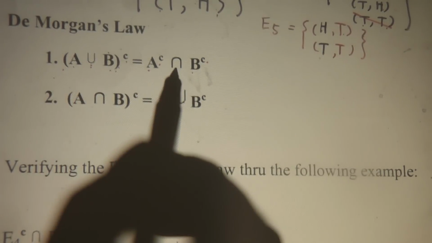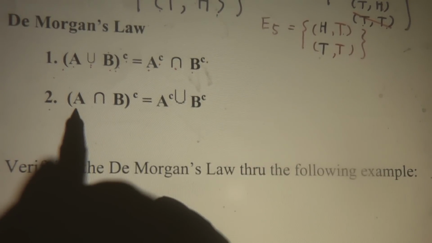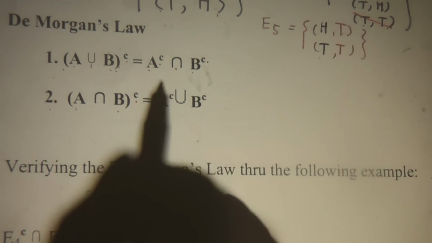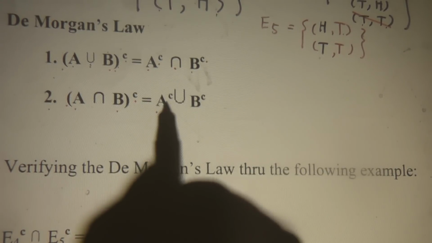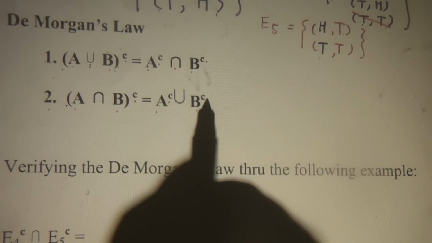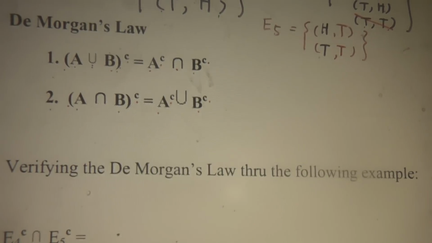However, the or needs to be changed to and. Rule 2: (A and B) complement, if we remove the bracket, becomes A complement, B complement. However, the intersection is changed to union.